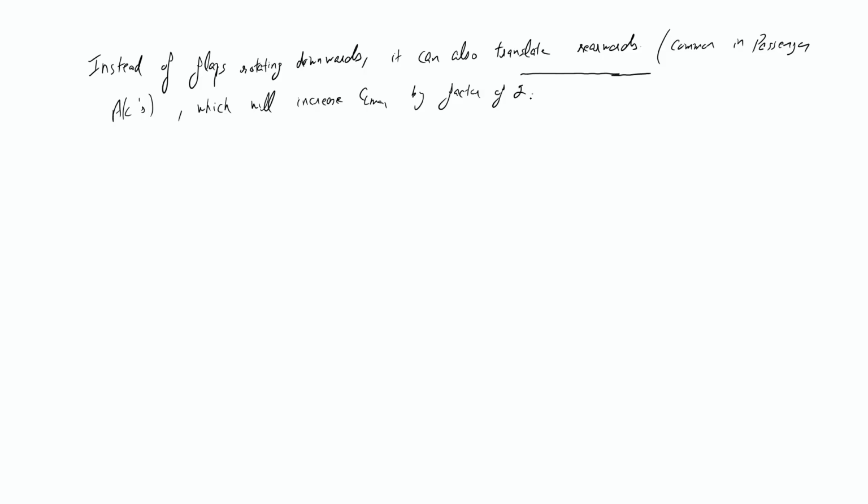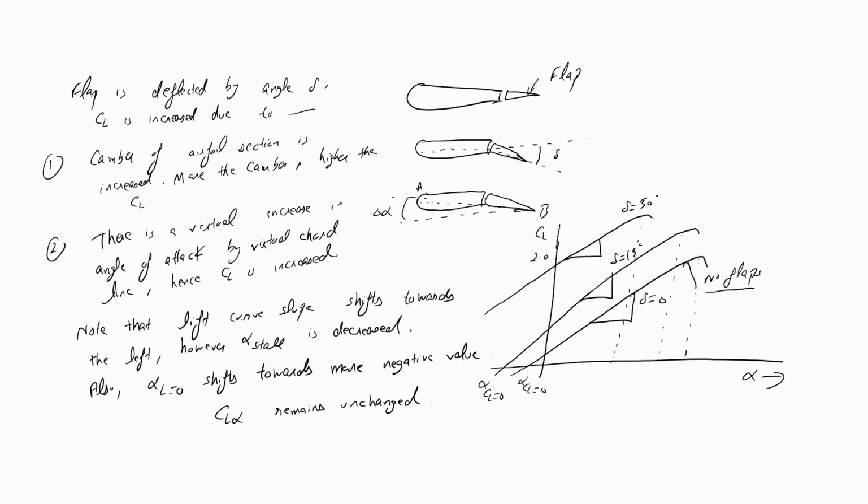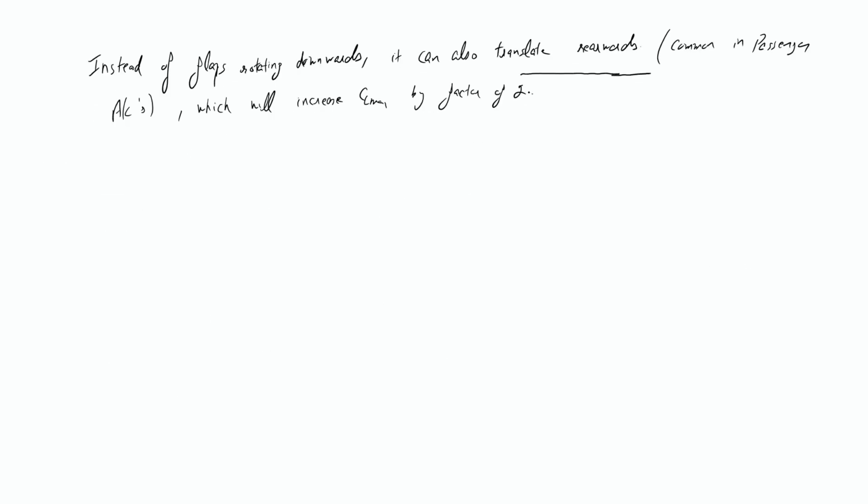Now we have talked about the flaps. There are certain surfaces also kept at the leading edge of the wing. If we keep one more surface at the leading edge, the camber is further increased. These are generally called slats, and they can also be easily observed in common passenger aircraft.